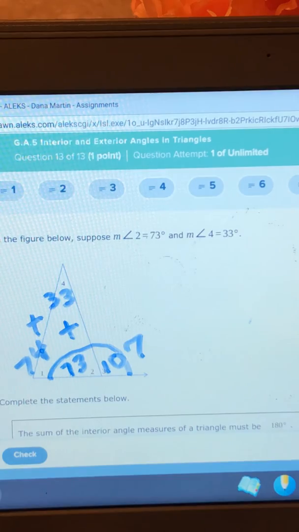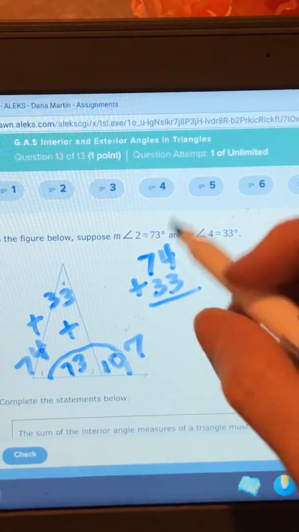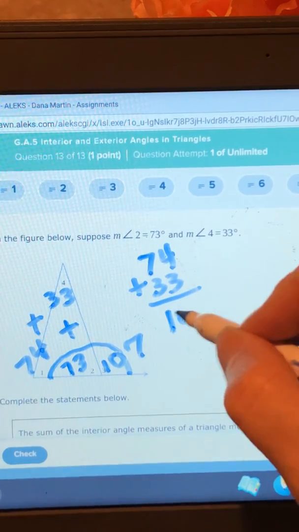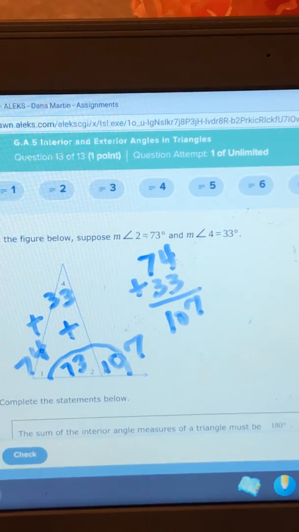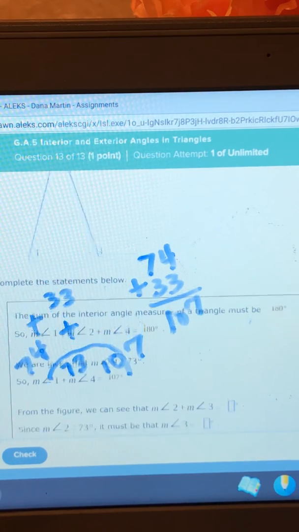And you know I had it, and then I erased it. 74 plus 33. They're asking to add that up. So that is 107. So we know that's going to equal 107, because that plus the 73 equals 180.